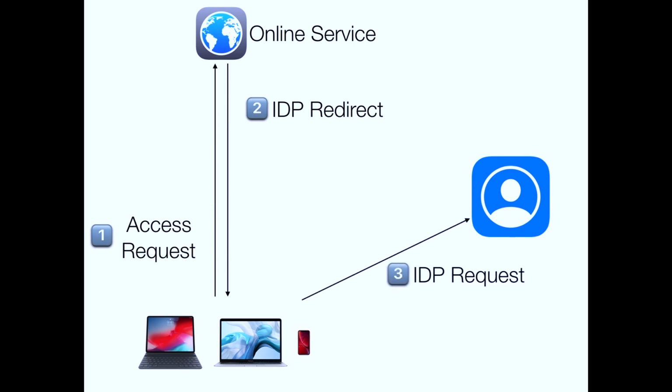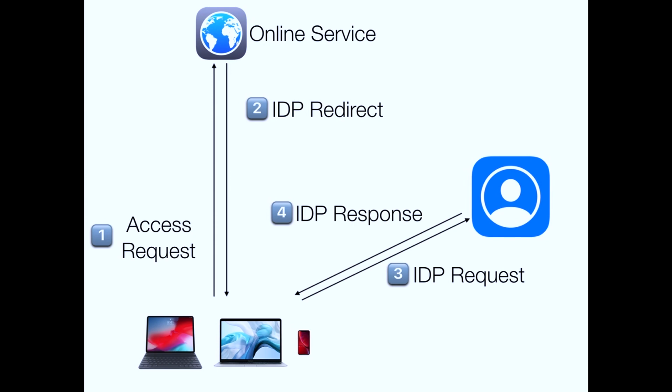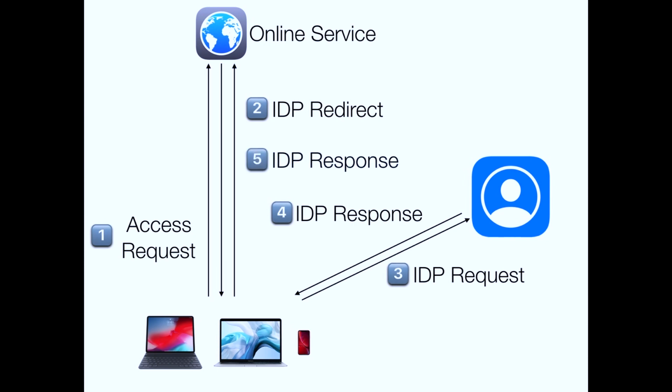Once we are authenticated at the identity provider, we are then redirected with a specific payload, a token, to send back to the online service, to the service provider. And this is what SAML is doing. Again, I spent a whole hour on this specific topic on the first day, so feel free to watch it online. All of this is over HTTPS.